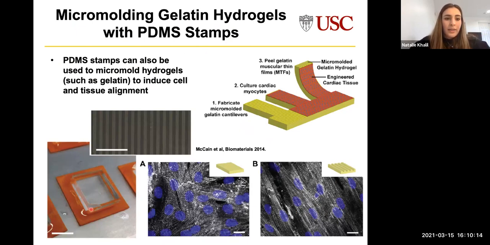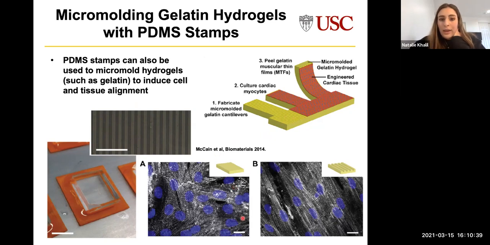And so in this case, a PDMS stamp is placed in contact with that gelatin solution, and it forms a hydrogel while it is in contact with the stamp, such that once it has formed a hydrogel and you peel away the stamp, you're left with the surface topography that mimics ridges that can similarly align cells.